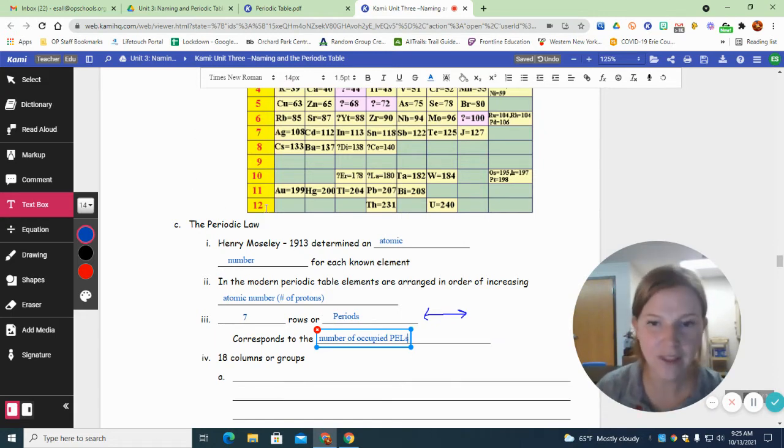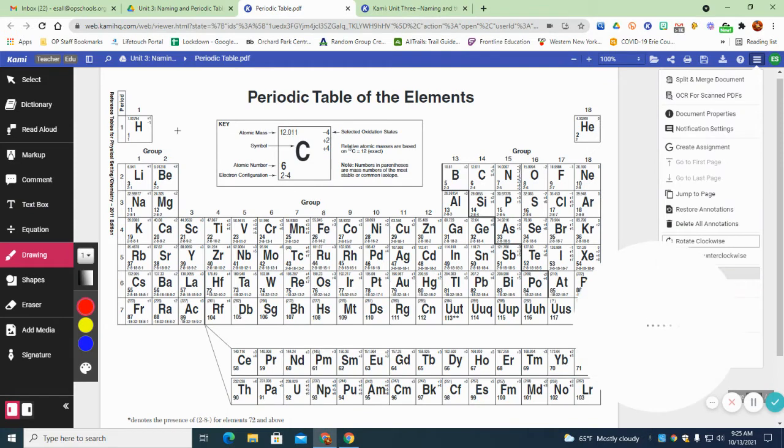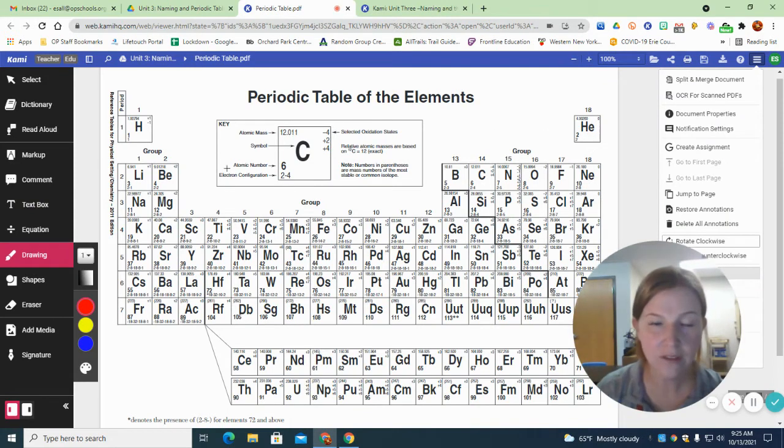So everything that is in period 1 has 1 energy level that has electrons in it. Everything in period 2 has 2 energy levels. Everything in period 3 has 3 energy levels in the ground state. That can change when you go excited. But you can also see just by looking at the electron configurations that that's true. Everything in the 4th period has 4 energy levels, okay?